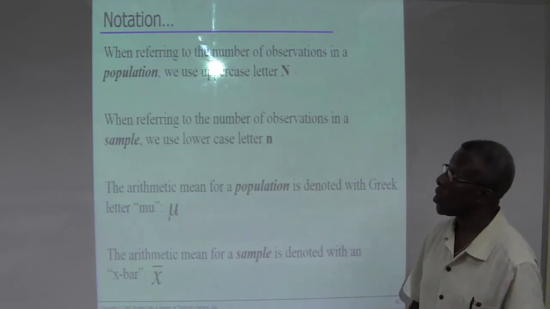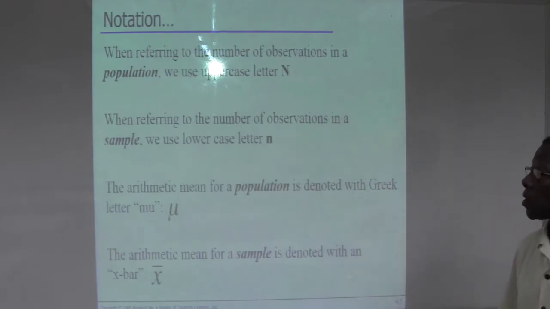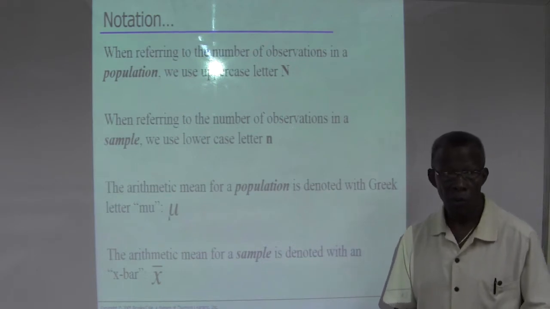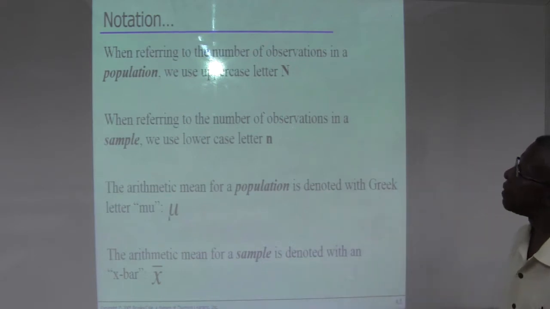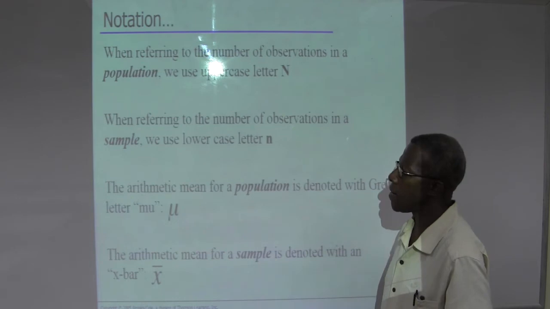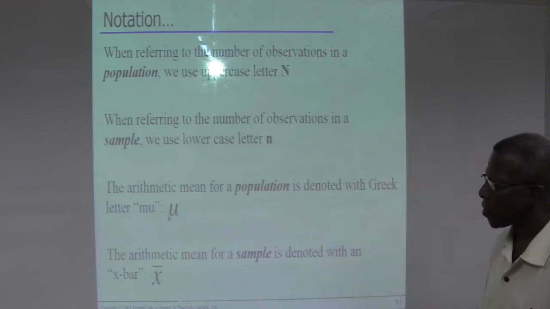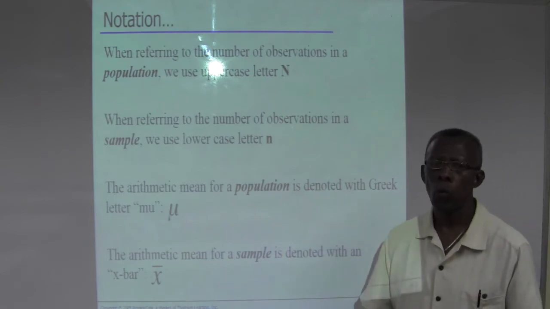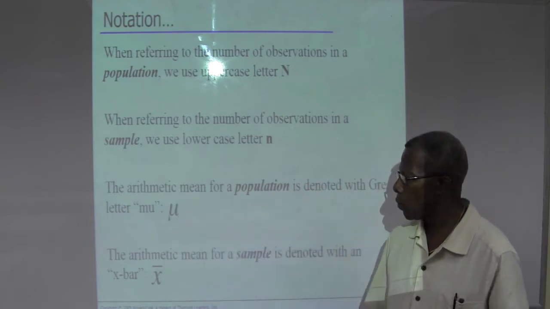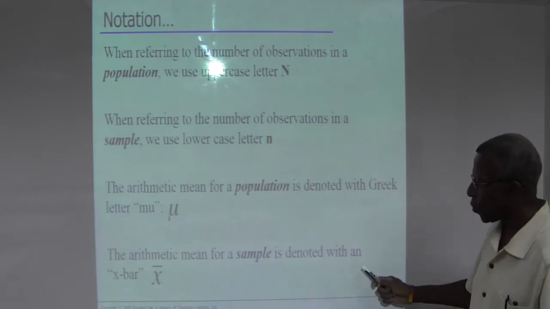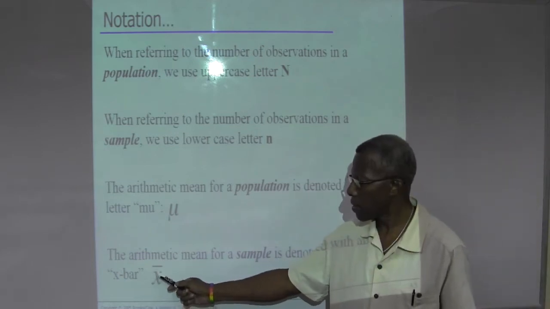A note on notation for this course: when we refer to the number of observations in a population, we use the uppercase N. When referring to the number of observations in a sample, we use a lowercase n. The arithmetic mean of a population is denoted by the Greek letter mu, and the arithmetic mean of a sample is denoted by x bar.